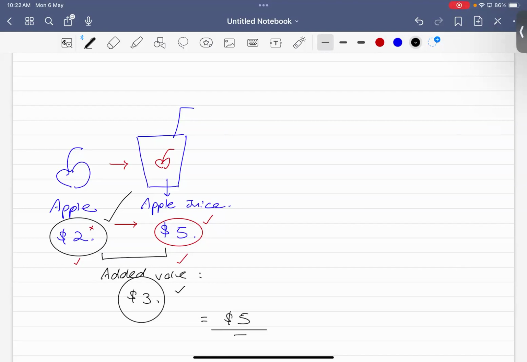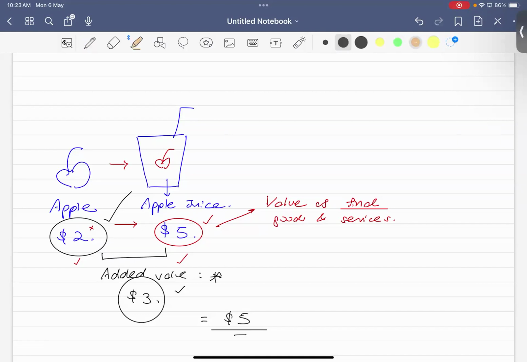That means I either take the final value of the final goods and services, or I take into account the added value here, to avoid double counting.